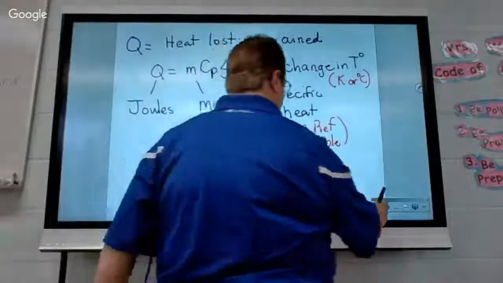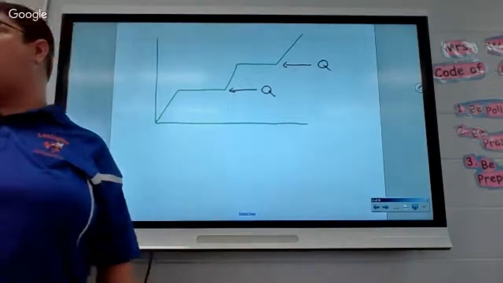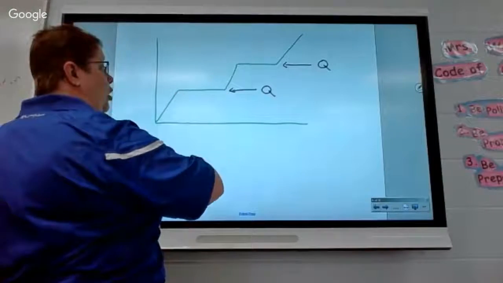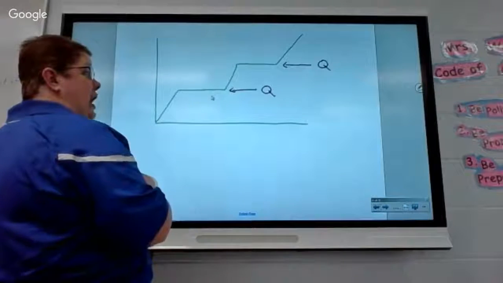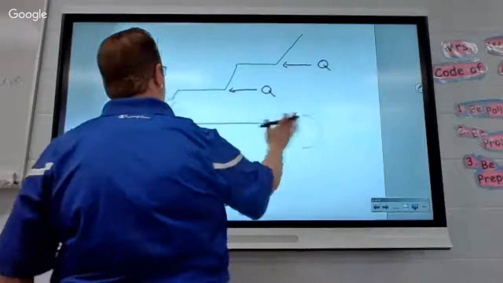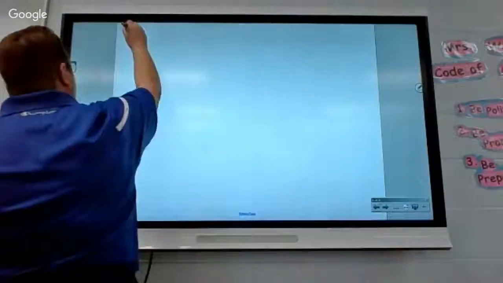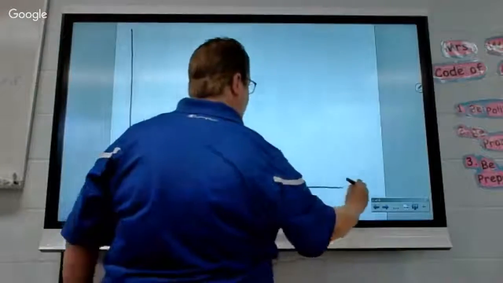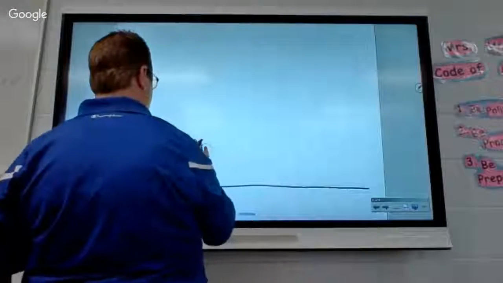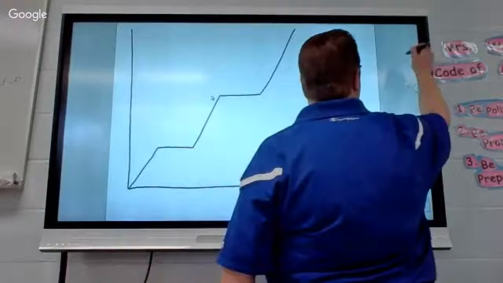This graph that we just learned how to read, we could calculate the heat lost or gained to change from a solid to a liquid. Let me change this graph a little bit, it's a little tiny for me to write here.